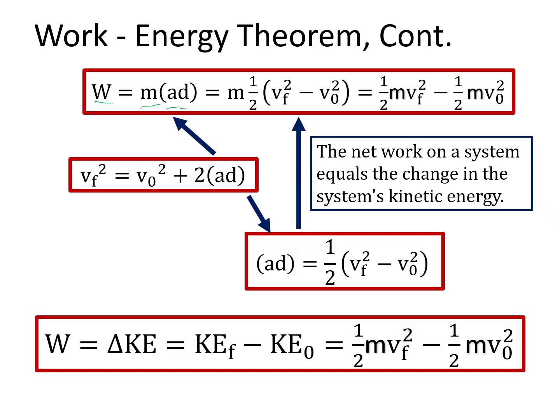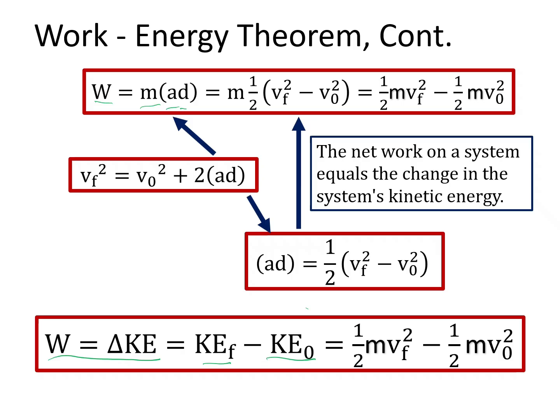But 1 half mv squared is kinetic energy. Therefore, the net work done on the system equals the change in kinetic energy. We write this as W equals delta KE, which equals KE final minus KE initial. This is the work energy theorem.